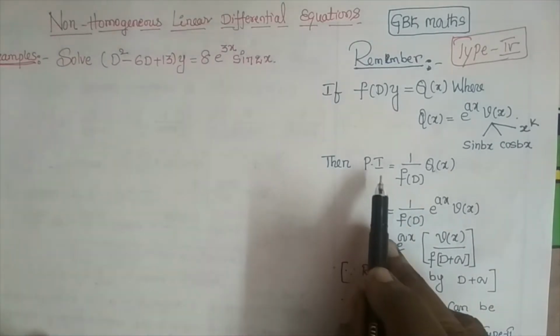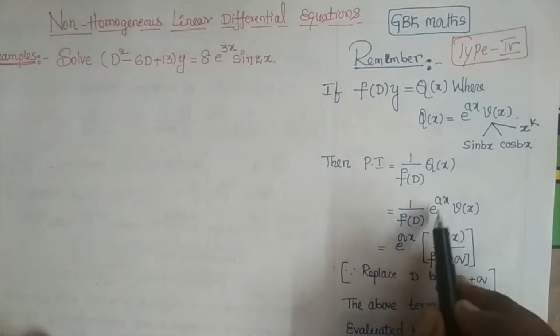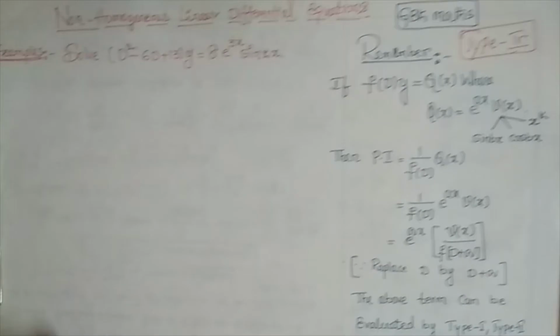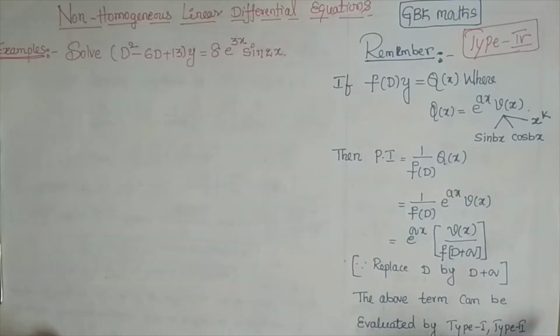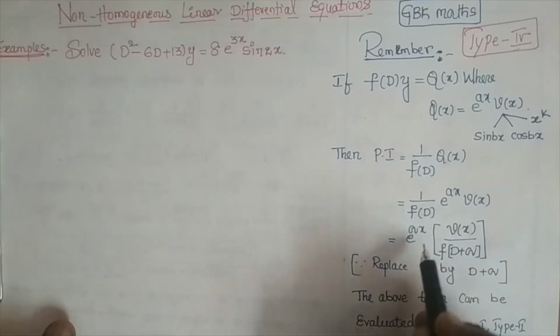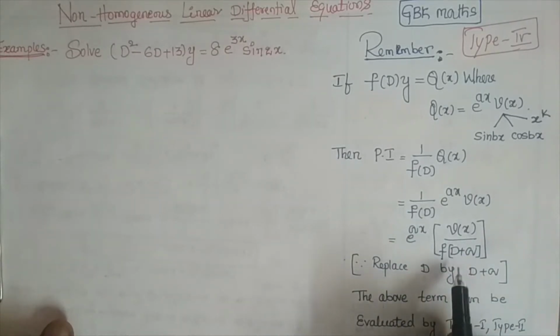Then the particular integral formula is 1 by f of D into Q of x. Let us substitute Q of x as e power ax into V of x. After substituting, what is the particular integral of this model? First we write the e power ax outside, and we replace D by D plus a.